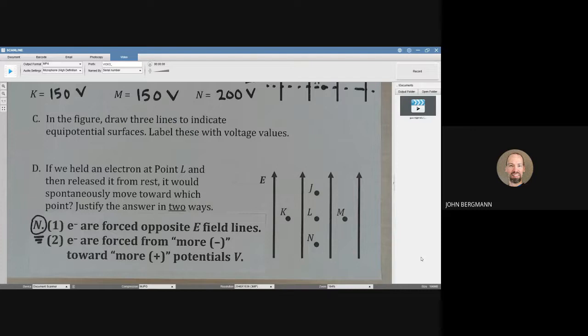And the other reason is that electrons are forced from more negative potentials toward more positive. And that's the case here. Point L has 150 volts and point N has a potential of 200. Negativer to positiver. That's how a negative charge is going to be forced.